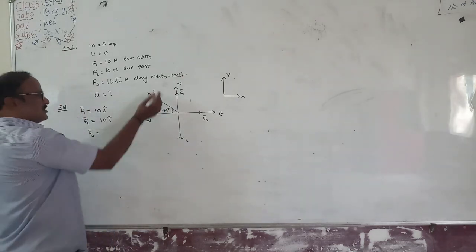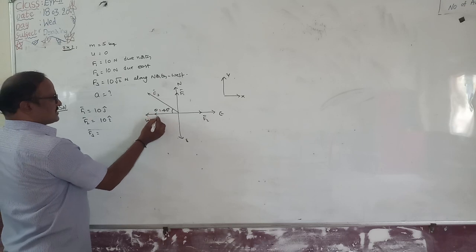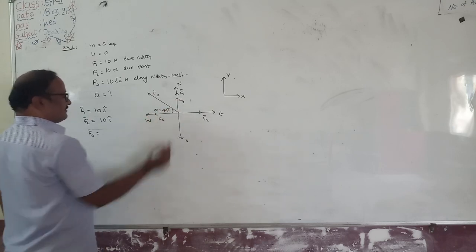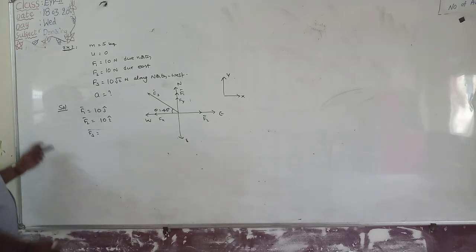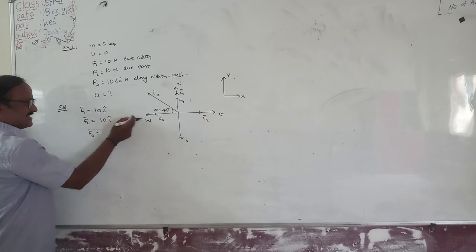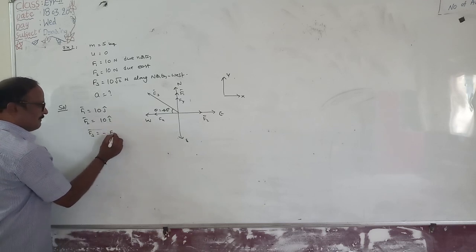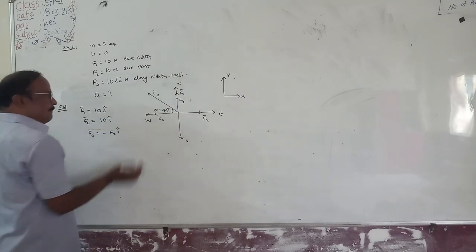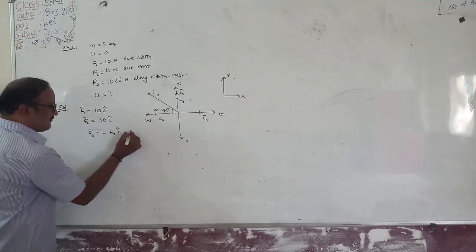So F3 will be resolved into 2 components along these directions: Fx and Fy. Therefore F3 has Fx along the negative x direction, meaning minus Fx into I cap, and Fy along the positive y axis, plus Fy into j cap.